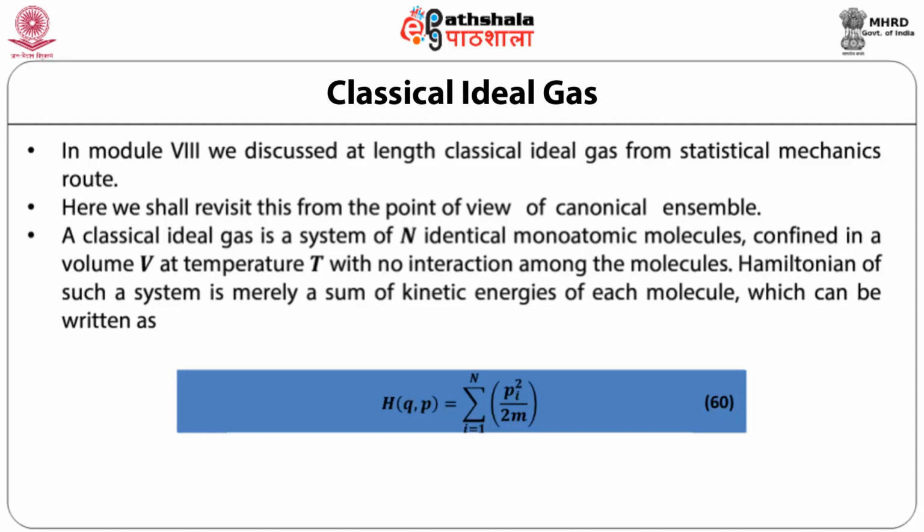H as a function of q and p is equal to summation over i equal to 1 to n of p_i squared divided by 2m.